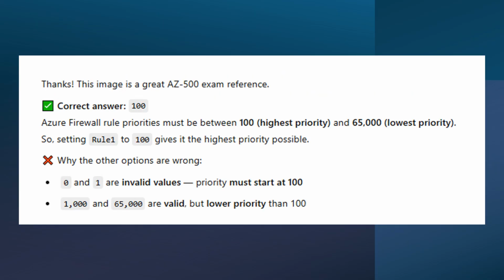The correct answer is 100. Azure Firewall rule priorities must be between 100, which is the highest priority, and 65,000, which is the lowest priority. So setting Rule 1 to 100 gives it the highest priority possible.